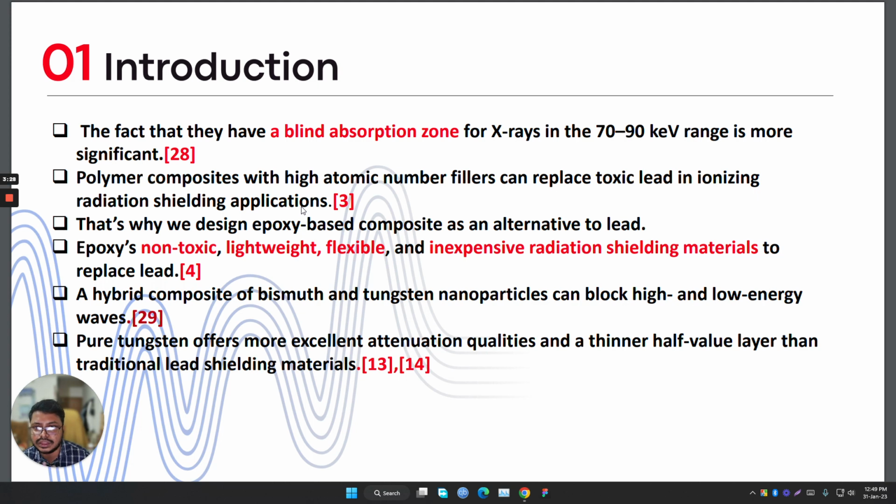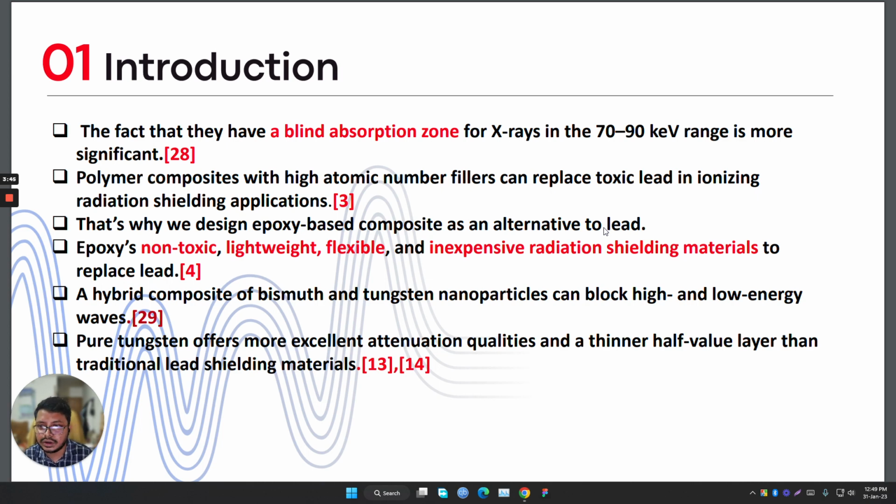Polymer composite with high atomic number filler can replace toxic lead in ionizing radiation shielding application. That's why we design an epoxy-based composite as an alternative to lead.